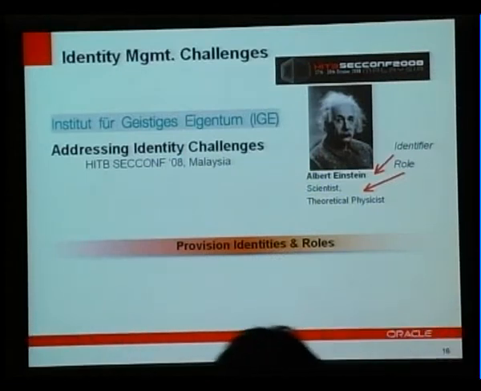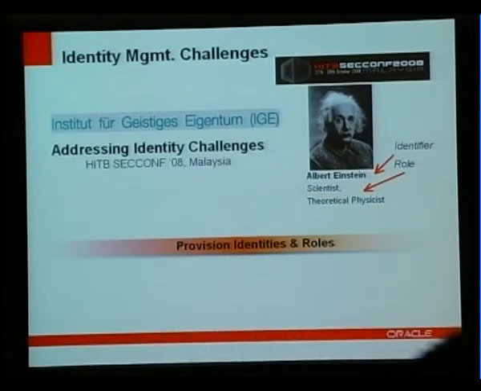So the identity management challenges still remain in that we need to start looking at, for example, a person's particular role, and how do we provision these roles and identities? How do we manage these identities in a system that would allow you to have touch points to your whole IT infrastructure?